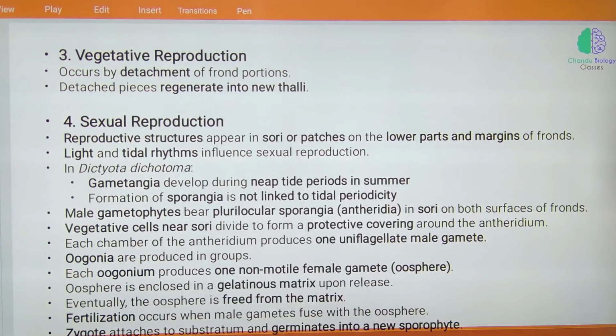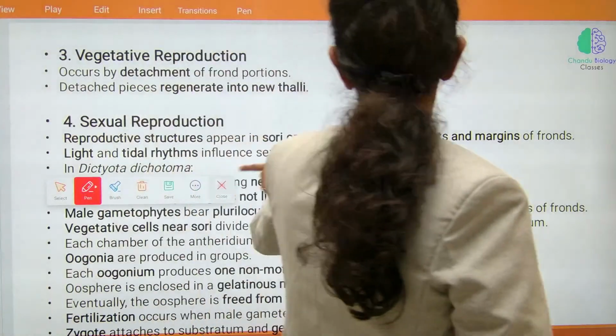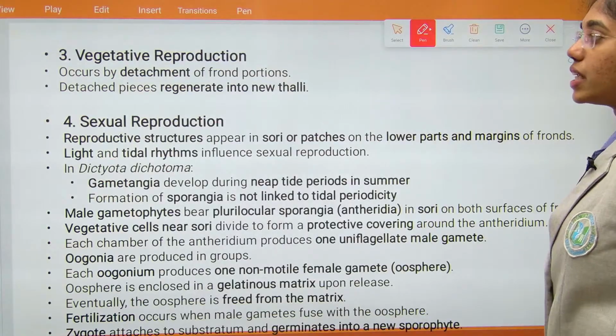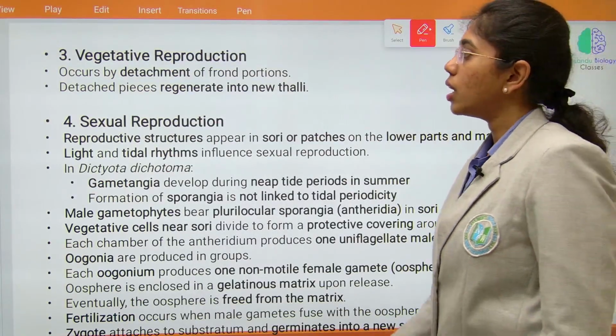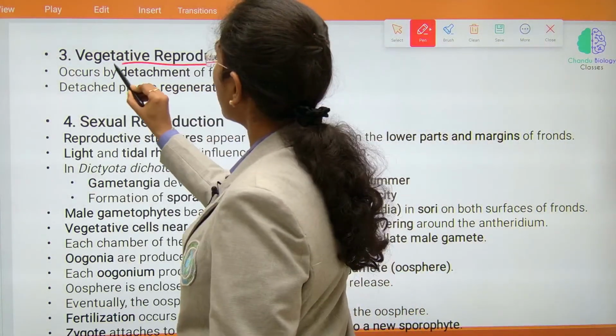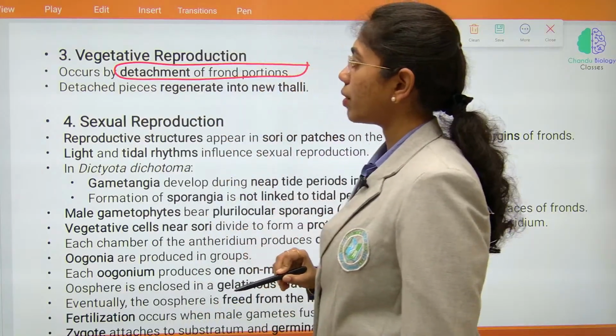Now about the sexual and asexual stages. Vegetative reproduction occurs by detachment of frond portions.